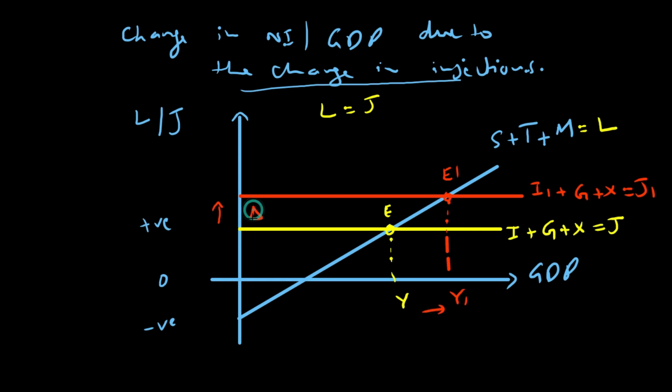This is the change in investment; we use the delta sign for change. So the change in investment is this much, and this much is the change in income, delta Y. We use Y for GDP or income. This rise in income from Y to Y1 will be multiple times more than the rise in investment.